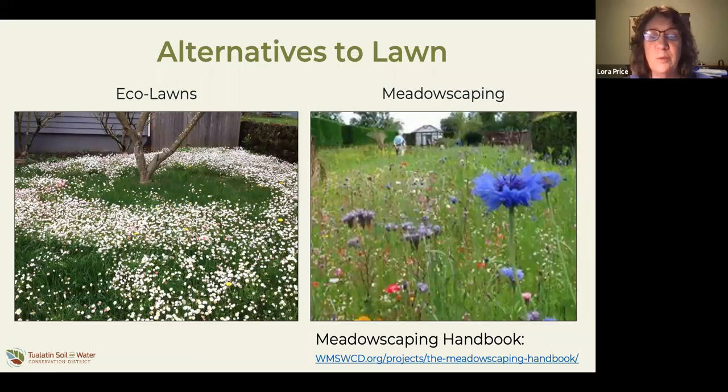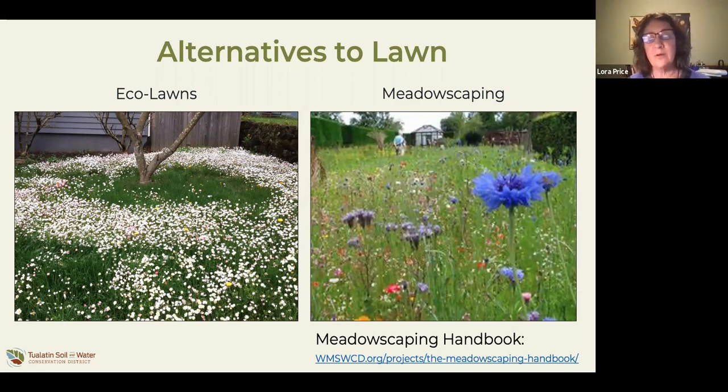So I mentioned a little bit about reducing your lawn, but you might also want to remove it and look at alternatives, or in the case of this eco lawn, you could probably transform your lawn to an eco lawn. It has the grasses in it, but amongst the grasses in this picture, we're seeing some little English daisies.